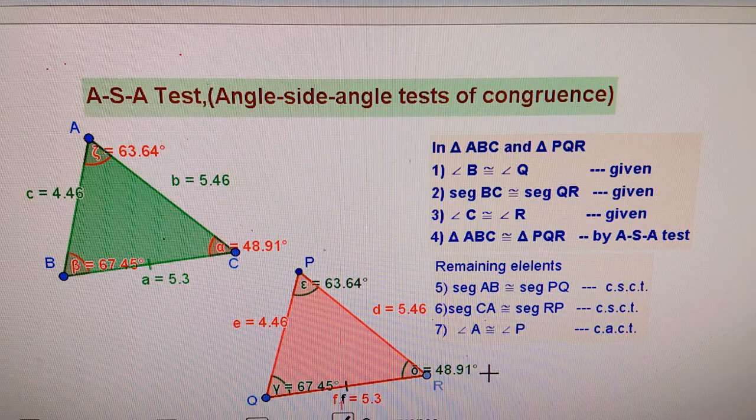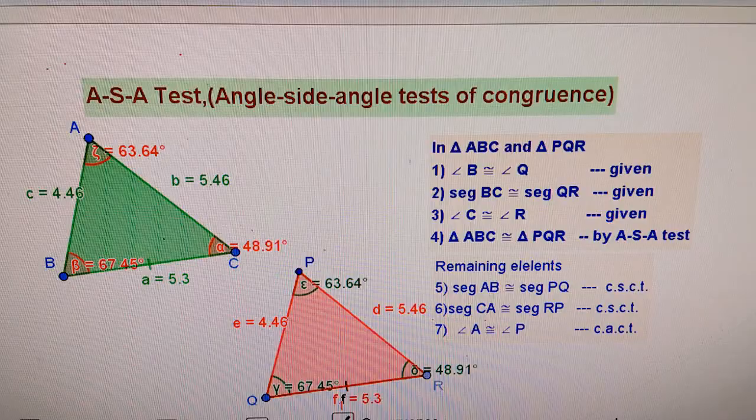See here, segment AB is congruent to segment PQ, segment CA is congruent to segment PR, and angle A is congruent to angle P. Well student, with the help of this information we can define the ASA test, that is the angle side angle test.